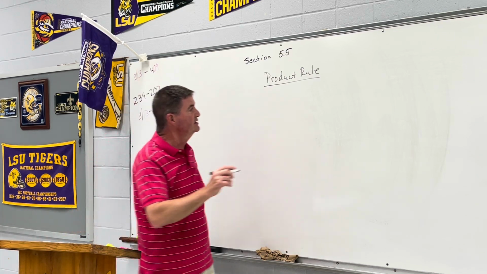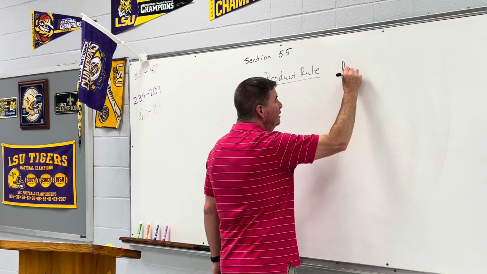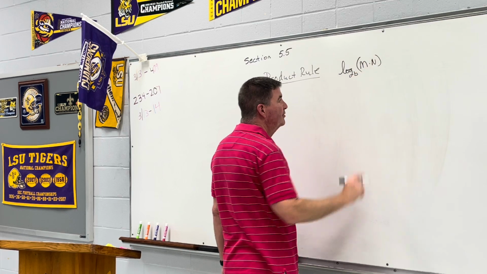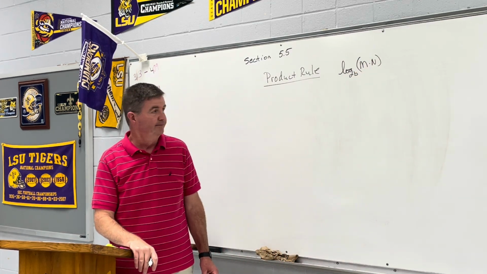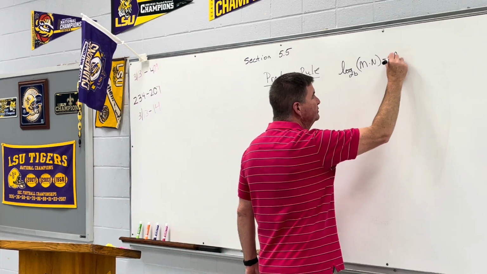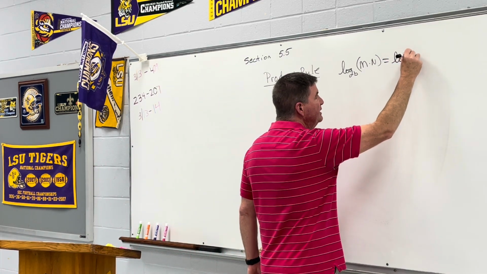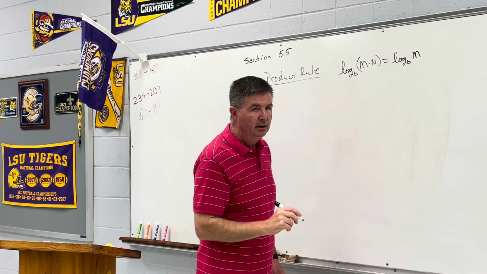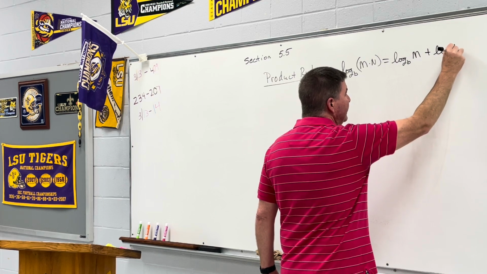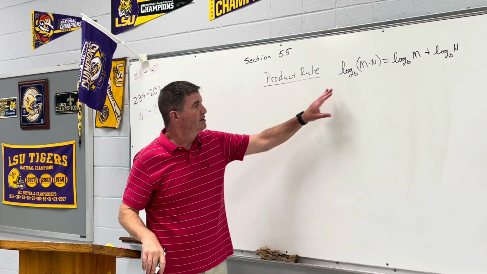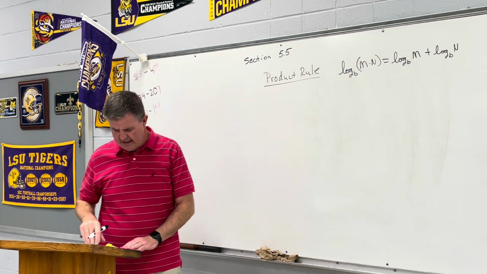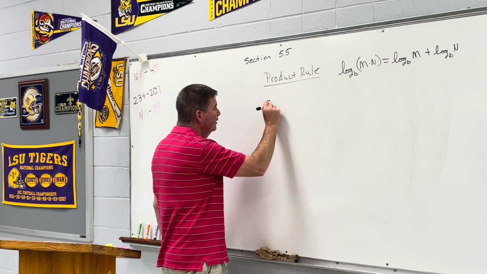So the product rule states log base b of m times n, the product of two things multiplied together, we can expand by saying that this is equal to the log base b of m plus the log base b of n. This is known as the product rule. So in an example, they may say, expand the log.